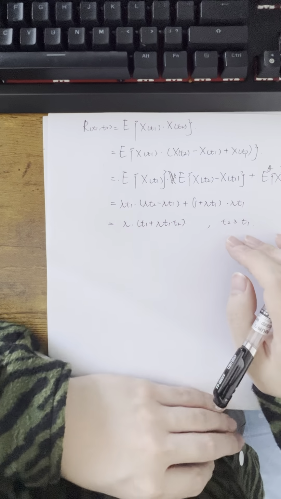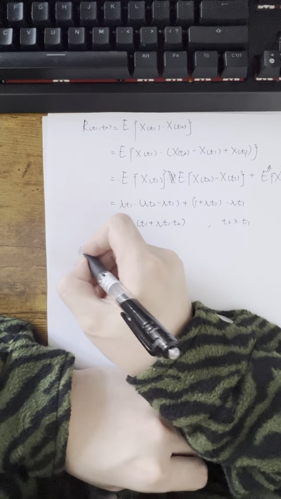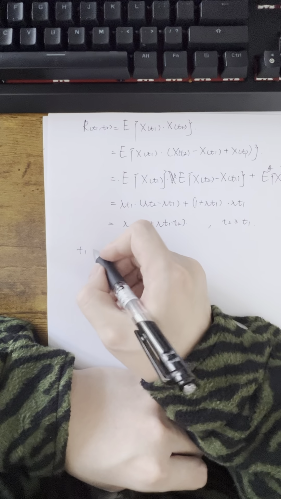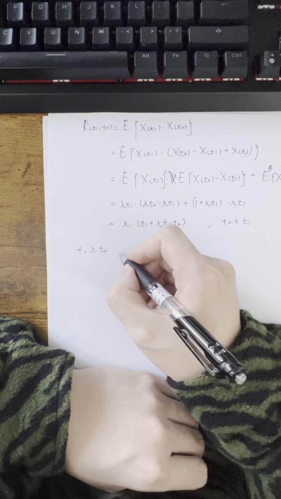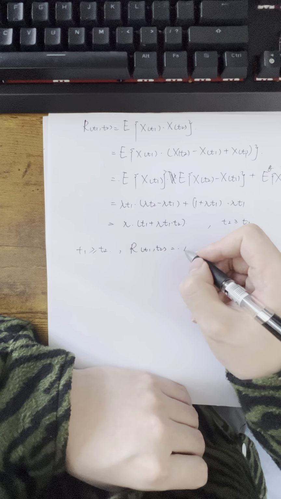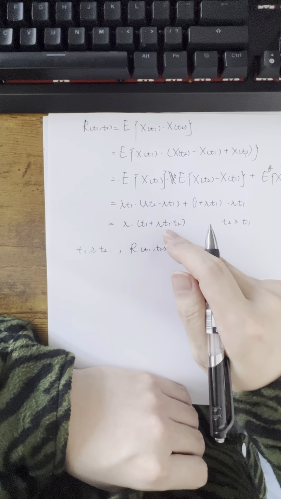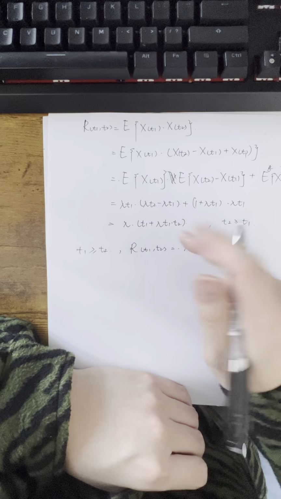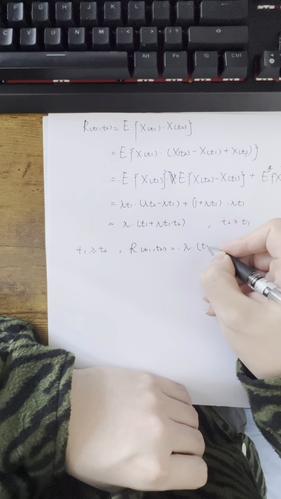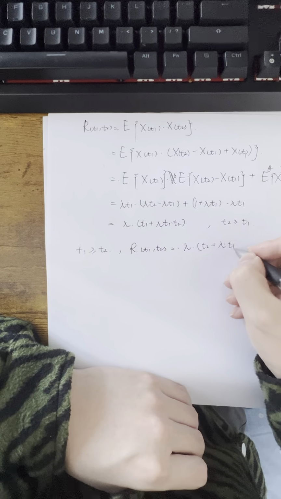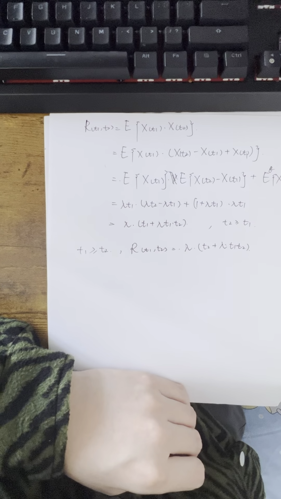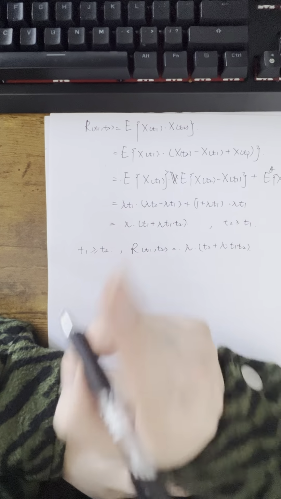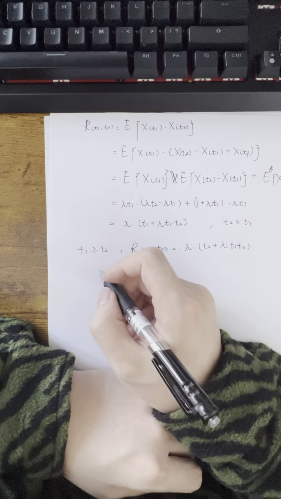We'll assume that. Also, similarly, if t1 is greater or equal to t2, R(t1, t2) equals lambda times t2 plus lambda squared times t1 t2, due to the symmetric property. Right. So we could write it in one formula.